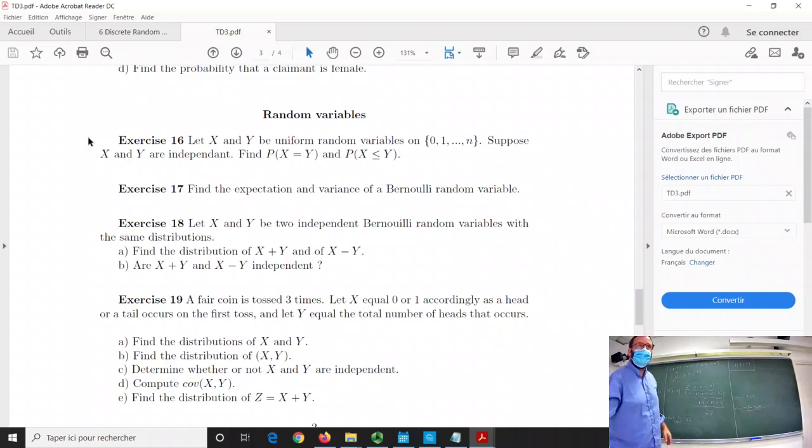An idea how to do it? X less than or equal to k and y less than or equal to k. So you can try to use more or less the same idea, exactly what I have done here.